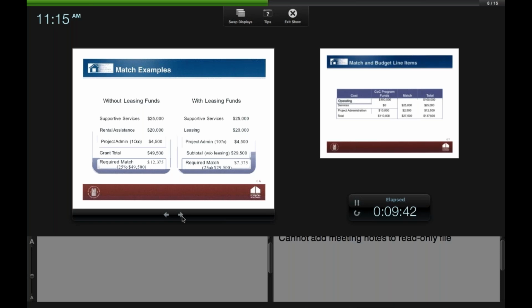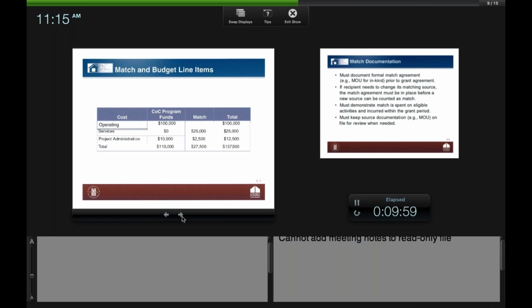So as you calculate match, be aware of whether your budget includes leasing, reduce your budget total by the leasing amount, and you match 25% for the remainder of the grant.